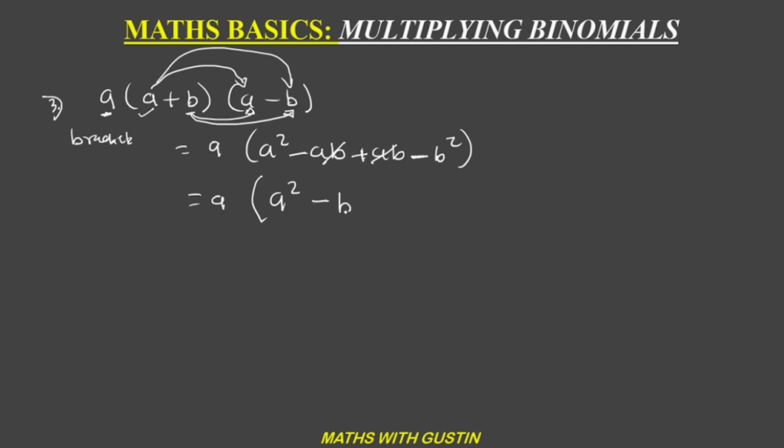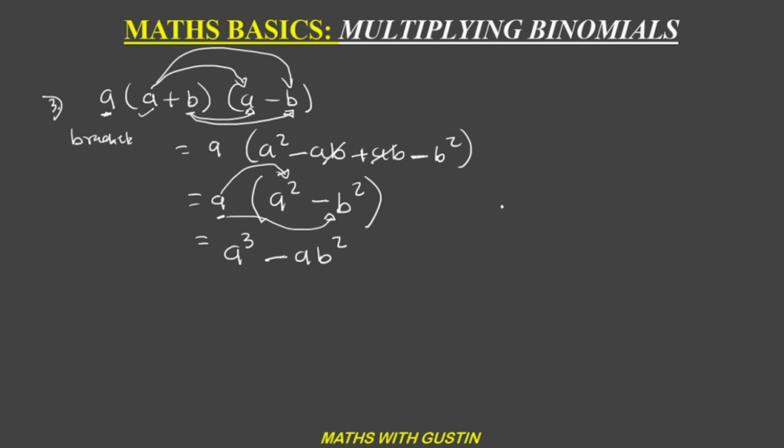Therefore we're left with minus b squared in brackets. Now we can utilize this a. A times a squared gives us a to the power of 3. Then a times this minus b squared is going to give us minus ab squared. And that's how you deal with a question like this one, guys.